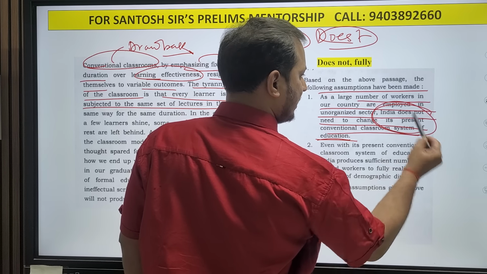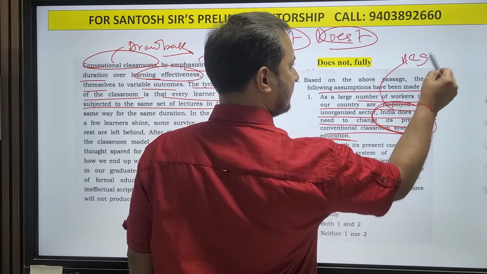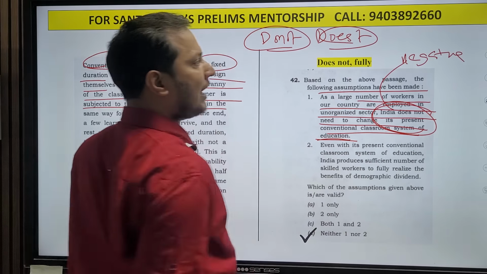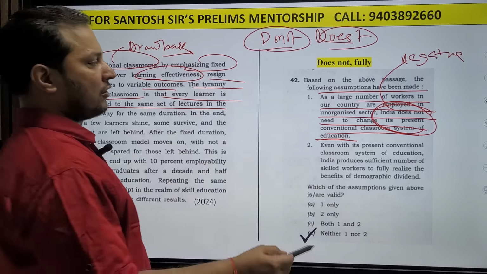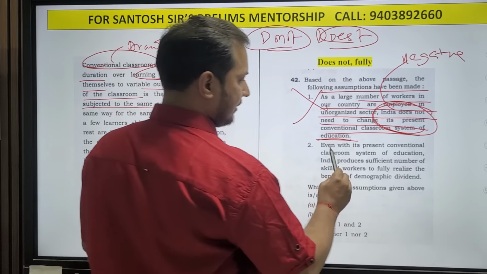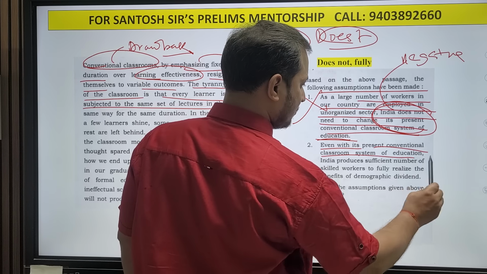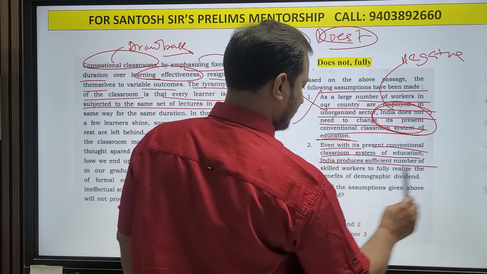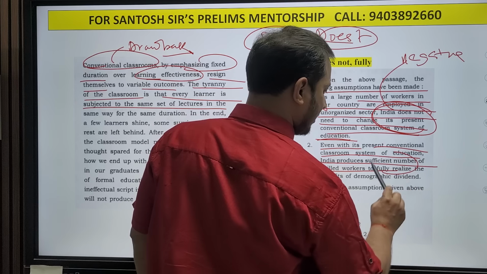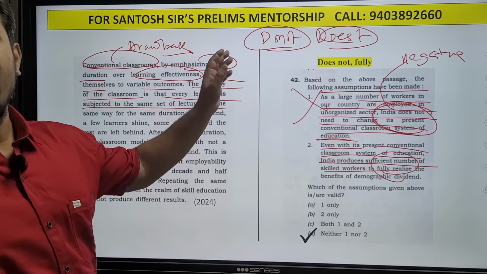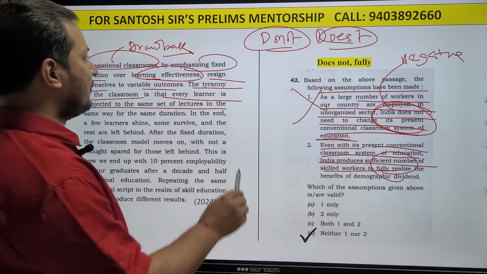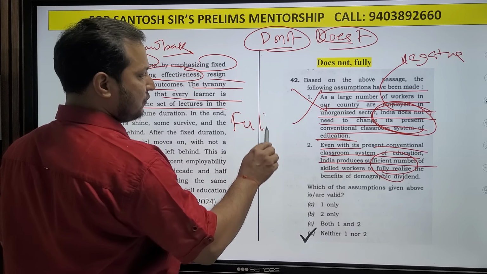Does not need to change. Negative worded statements are incorrect. Okay, "does not", incorrect. Now let us read this. Even with the present conventional classroom education, India produces sufficient number of skilled workers to fully utilize. Fully, entirely, solely. Now we have got another extreme word, fully.